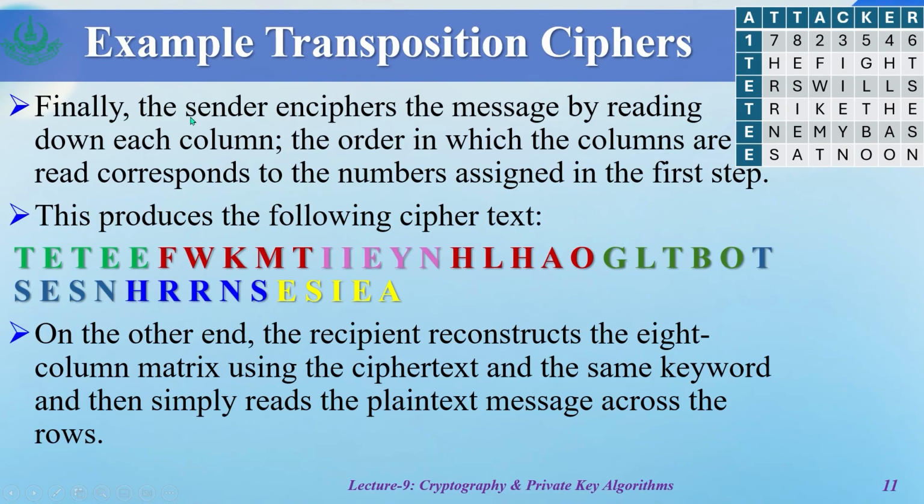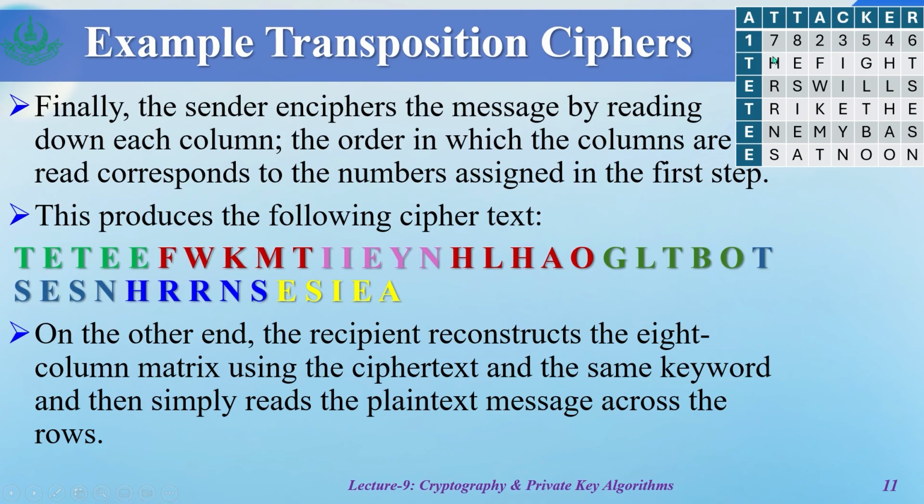Like here, after the A1, we simply write the message: THE, FIGHT, ERS WILL S, and the full message is written in rows up to the last, noon, N, double O, N. Finally, the sender enciphers the message by reading down each column, and the order in which the columns are read corresponds to the numbers assigned in the first step. This produces the following cipher.